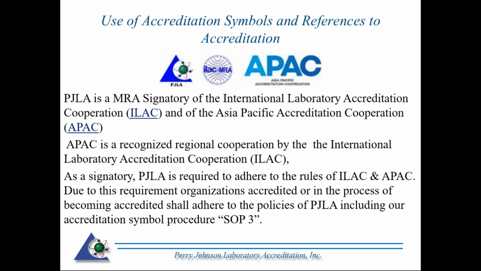Due to these requirements, organizations that are accredited or in the process of being accredited shall adhere to all policies of PJLA, including our accreditation symbol procedure, which is SOP3. You folks that are accredited with us, or perhaps are in the loop, are aware of the PL documents that we have in place. We have policies in PL1, proficiency testing, PL2, traceability, PL3, measurement uncertainty, and PL4, scopes of accreditation.